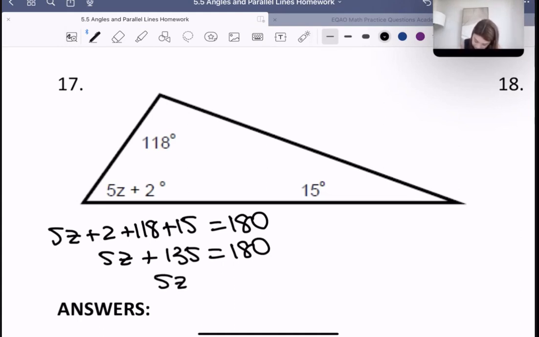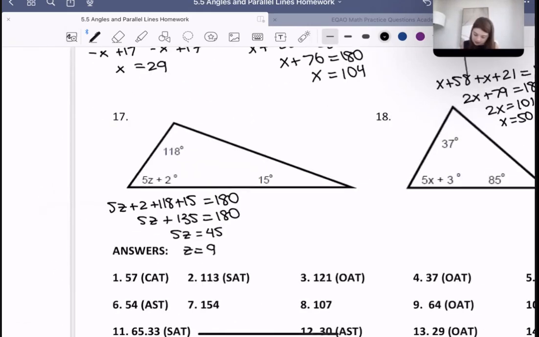And that means 5z, if we subtract 135 from both sides, is equal to 45, which means z is equal to 9. Very good.